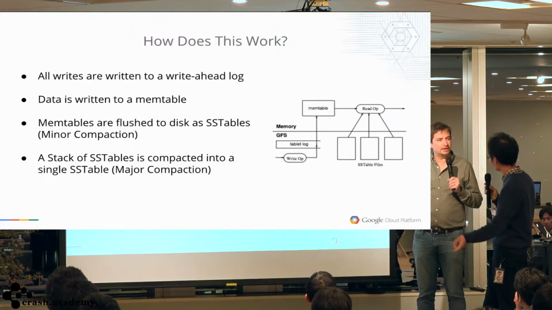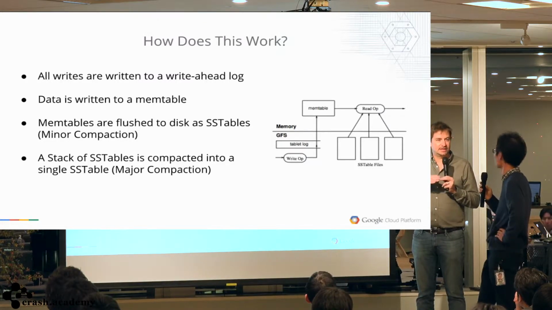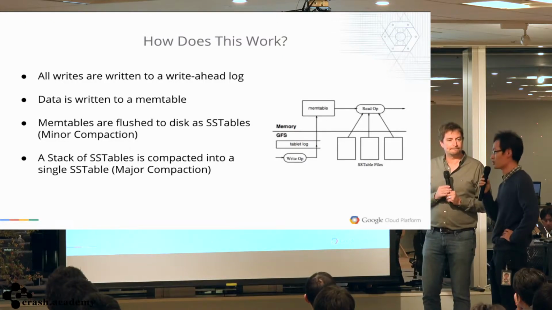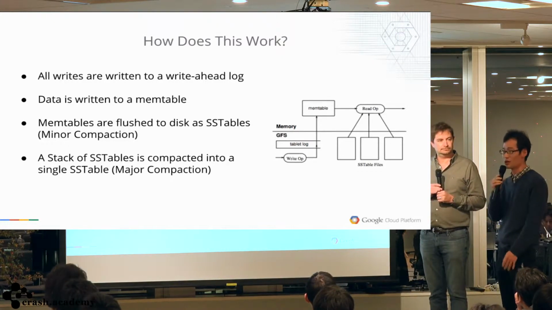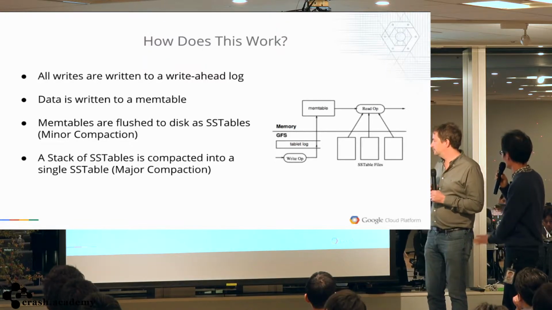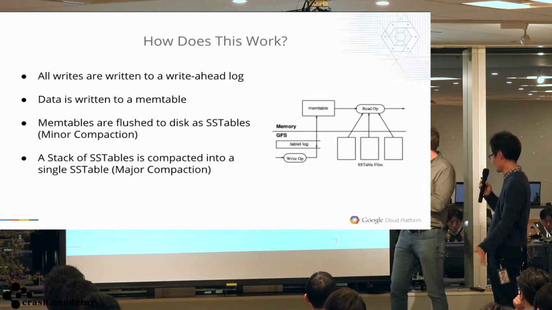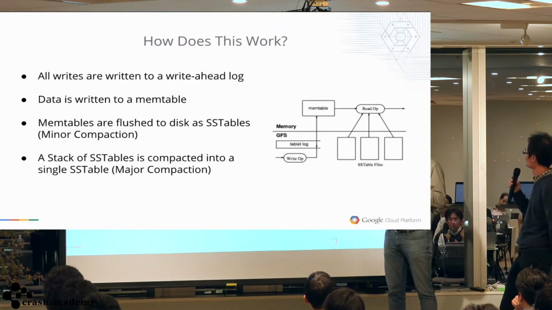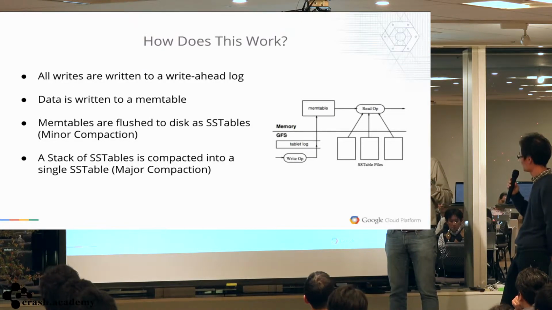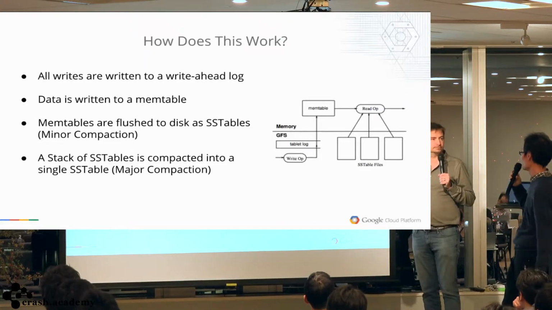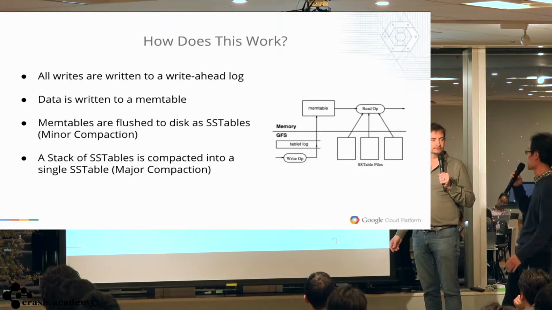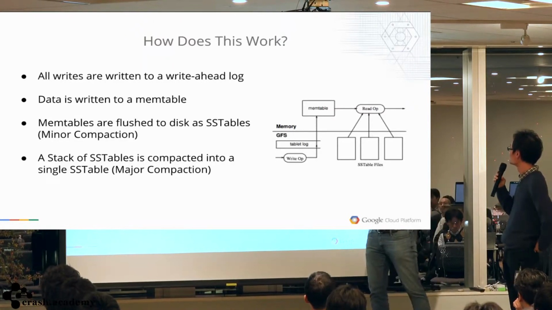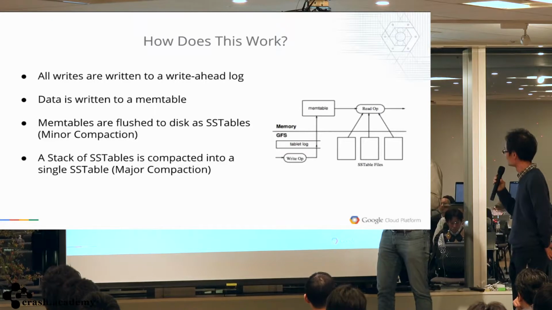It's on its own Colossus, but it's a special fast log file. This file is only used in case the server crashes and it needs to recover the write.